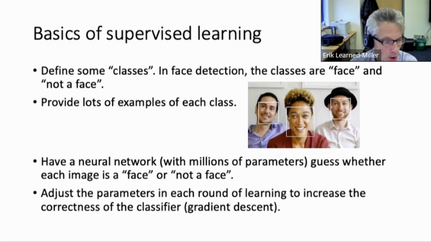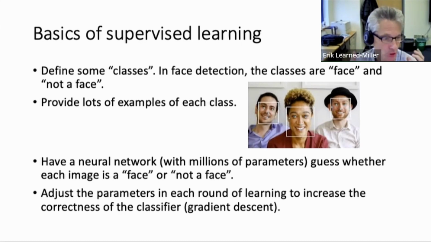So there is this process that we use all the time in machine learning and computer vision called supervised learning. And the way it works is you have some classes you'd like to be able to recognize, whether they're apples and bananas and pears for a fruit detector, or in our case, we're going to be looking at a face detector, which is supposed to find all the faces in an image and put a box around them.